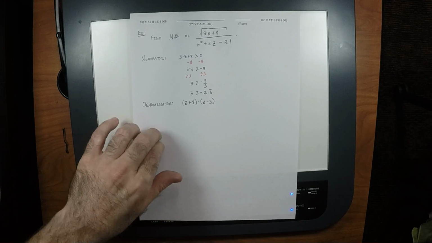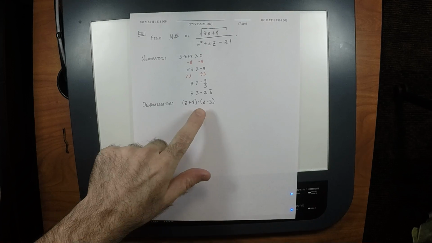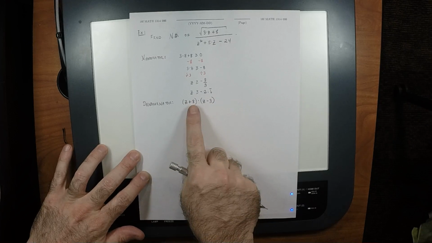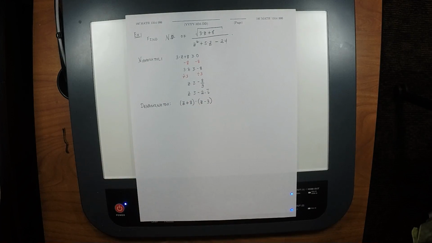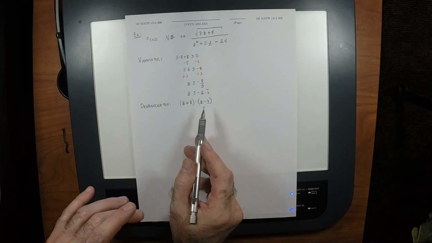Okay, and then what does that tell us? Right, because that's the factorization of the denominator. It's not permitted that either factor should be 0. So we can't have -8. We can't have +3.